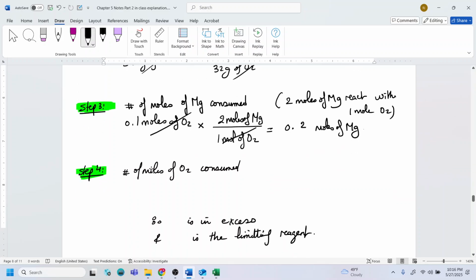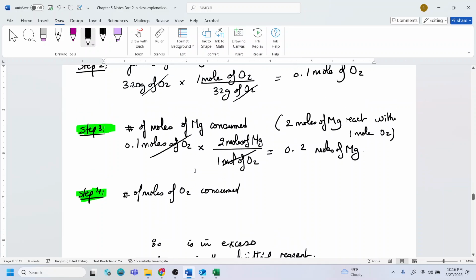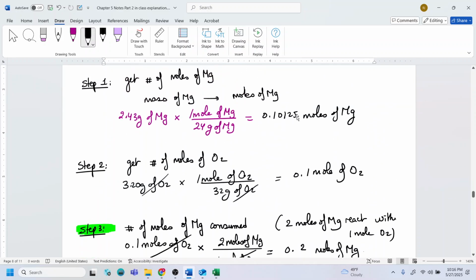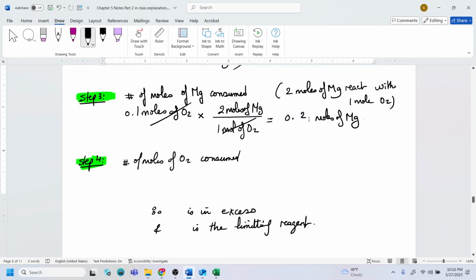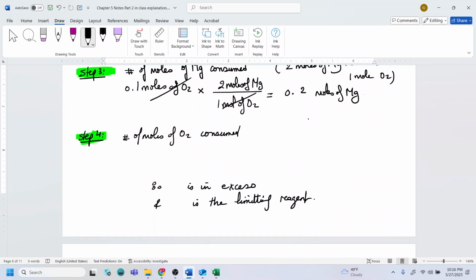I'm going to do the same thing for the oxygen. So for the moles of the oxygen consumed, I'm going to take the moles of the magnesium, which is 0.10125 moles of magnesium. And I'm going to multiply that, checking the mole ratio in the reaction.